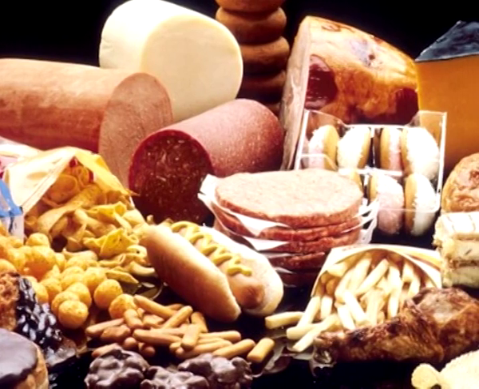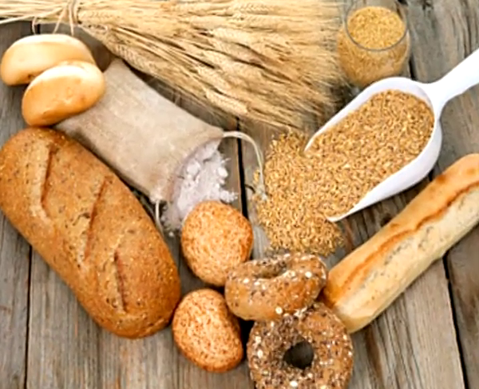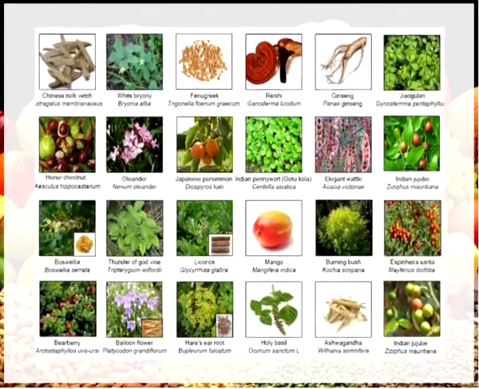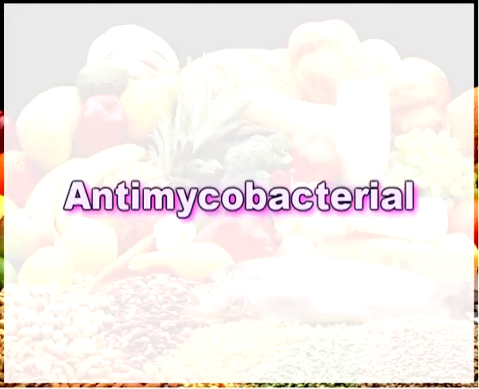A high fat meal may increase the amount of the bronchodilator theophylline in the body, while a high carbohydrate meal may decrease it. Food greatly decreases isoniazid bioavailability. Oleanolic acid, a triterpenoid that exists widely in food and medicinal herbs, has antimycobacterial activity.